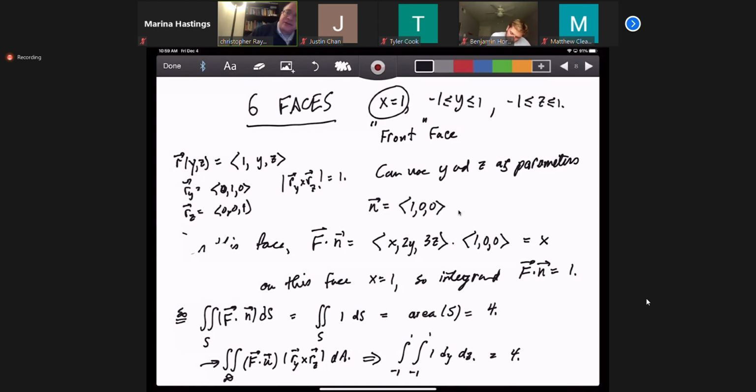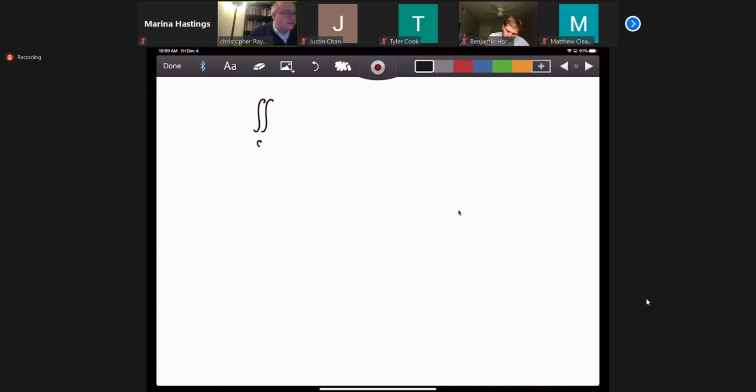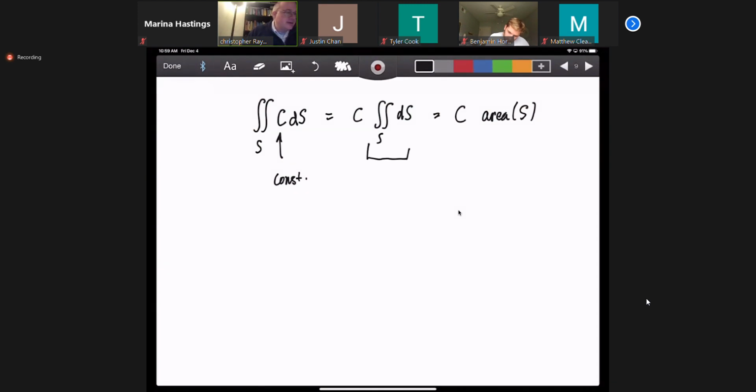You just have to remember that if you have a surface integral of a constant, as long as you're integrating a constant, just like for any other type of integral, you can pull that out in front, and the integral of 1 dS over the surface gives you the area of the surface.